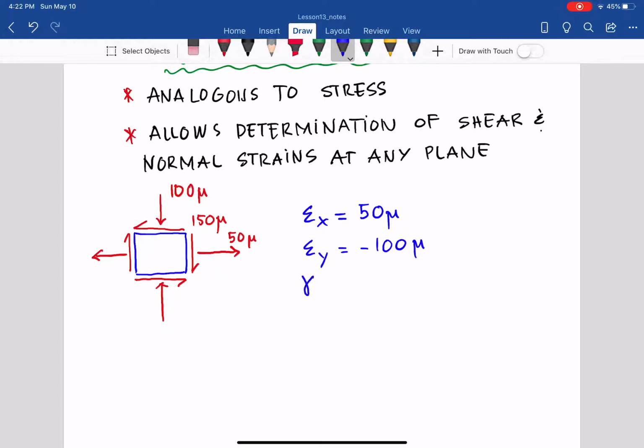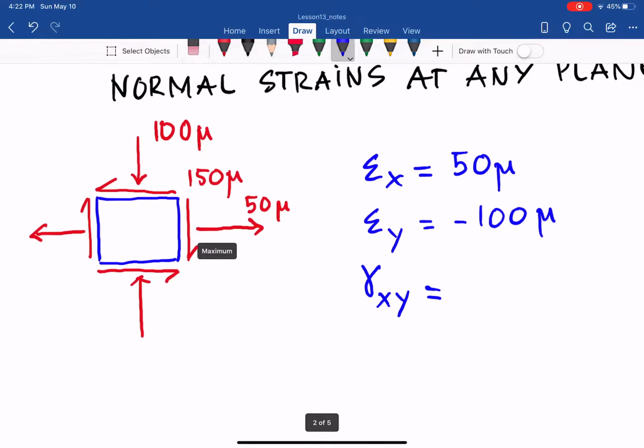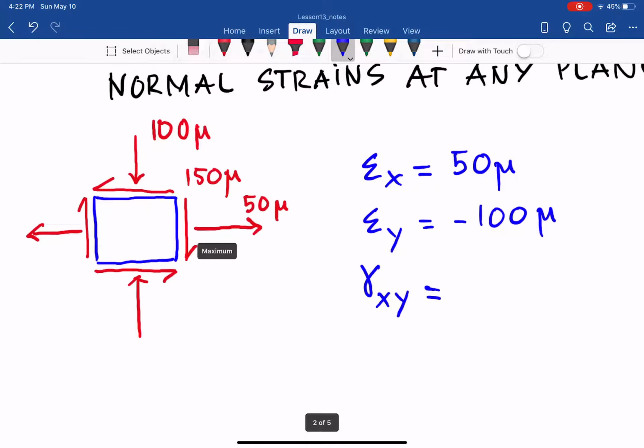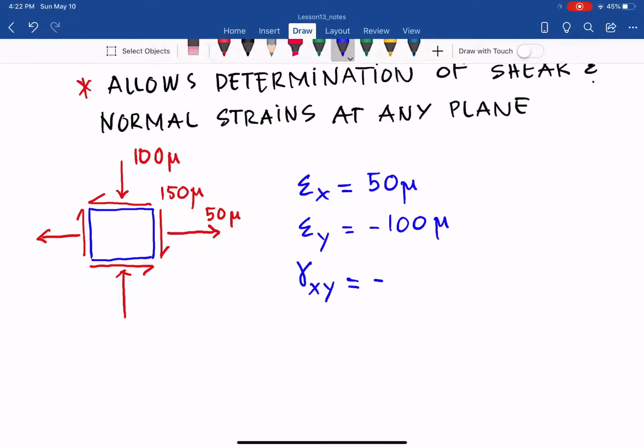And gamma xy over 2 equals, by the sign convention for Mohr circle, if you recall, in this case if you apply the equation for the positive yx plane, the vertical plane on the right, it is going down. So it is negative if we use the equation: negative 150 micro inch over inch.